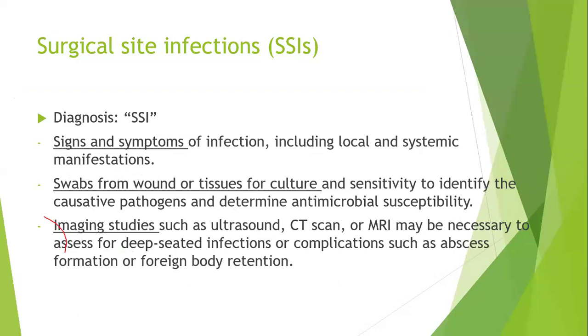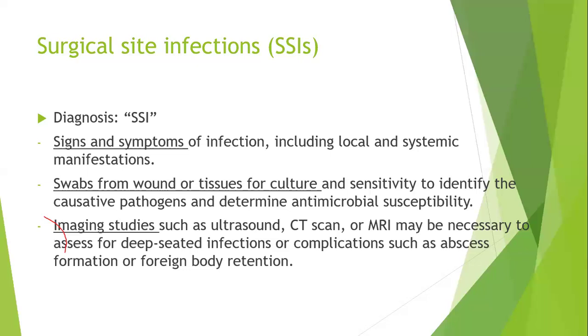Surgical site infections, diagnosis: you want to look at signs and symptoms of infection, which could be local or systemic. You want to take a swab from the wound or tissues for culture and sensitivity, and sometimes imaging studies such as ultrasound or MRI may be necessary to assess for deep-seated infections or abscess.